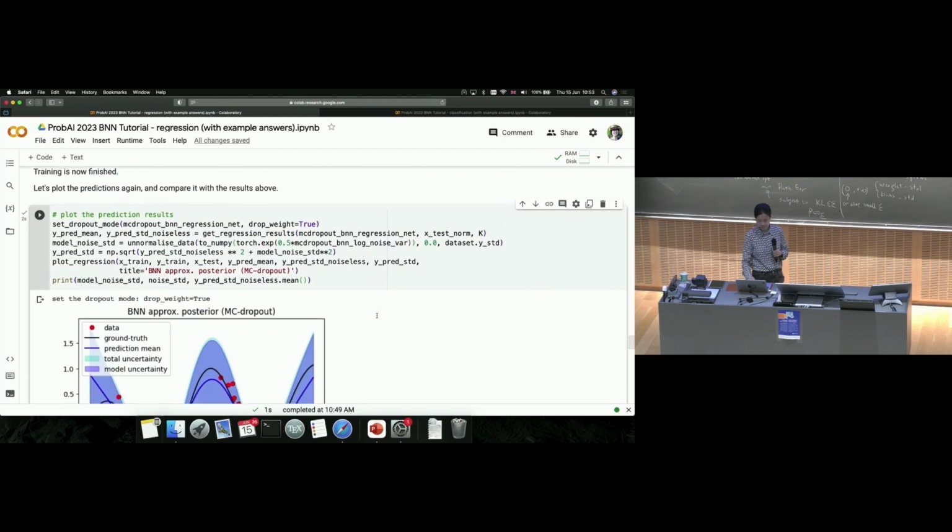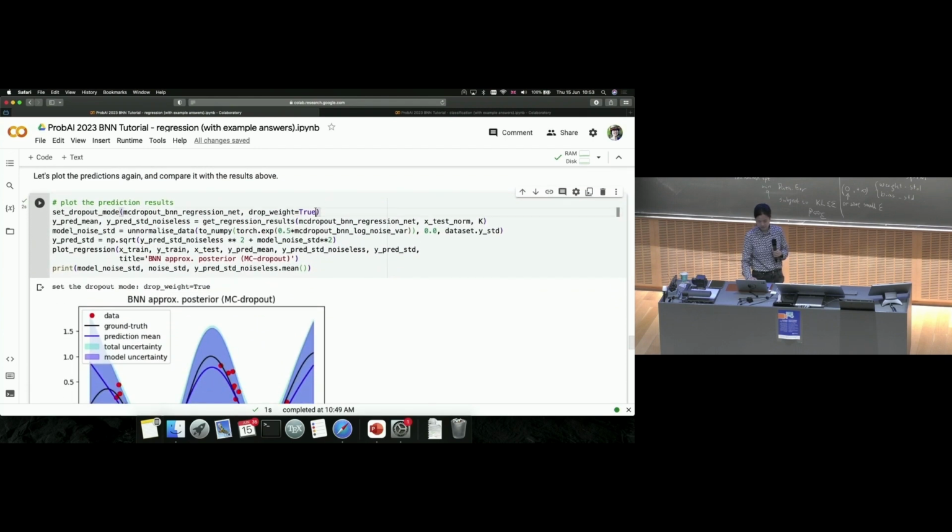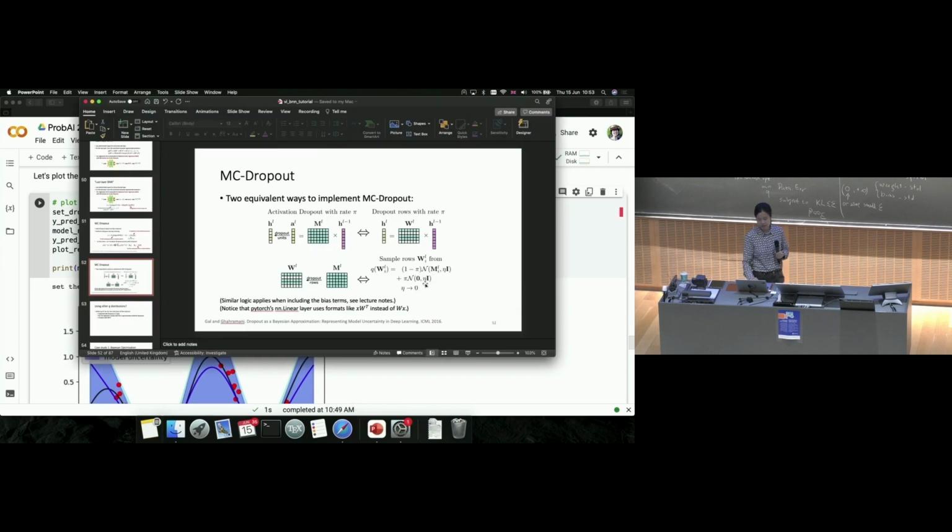The plot that you showed before, when the drop weight is false. So we are not using the dropout proof that we adapted to the variational inference. What do we use then? Well, it's not adapted to variational inference. It's the same way, but it's basically just how you actually sample from Q. So the drop weight method is basically you really compute these weights by dropping some rows. The drop unit thing is basically saying that I'm not going to explicitly do that.